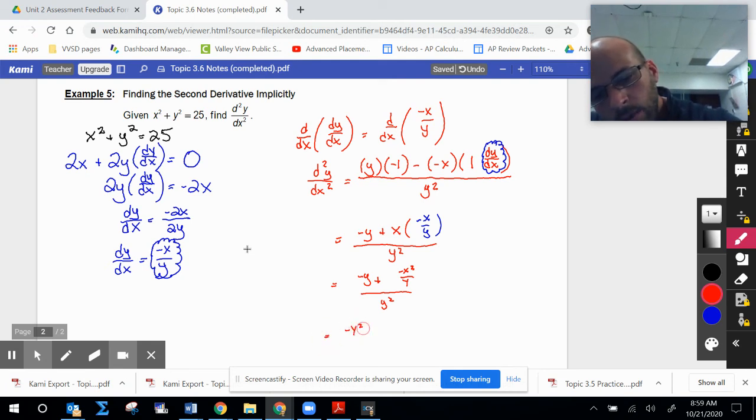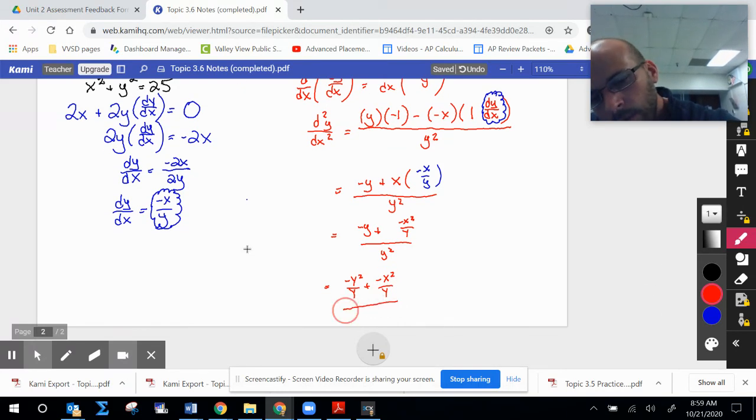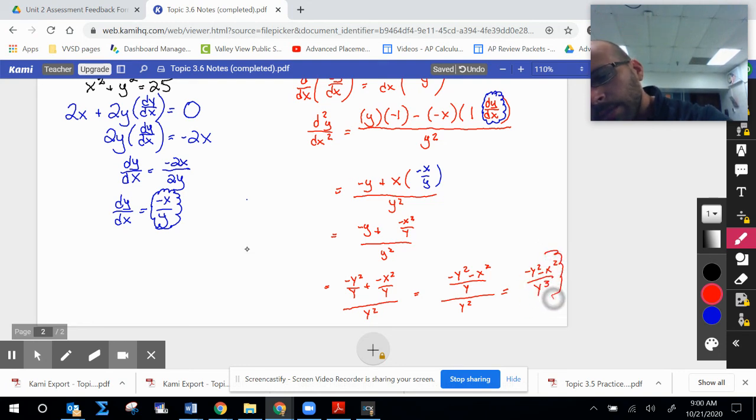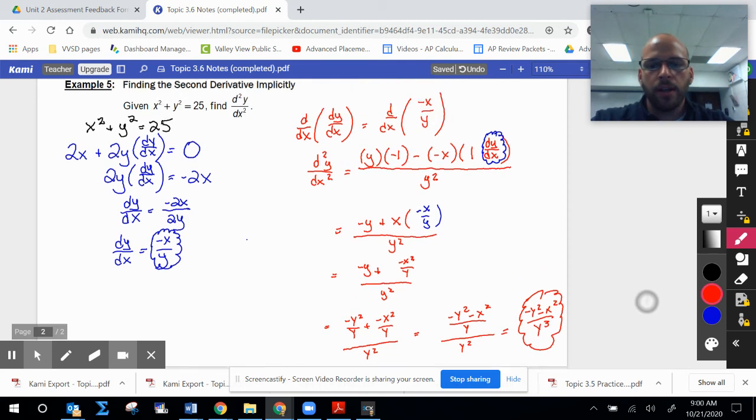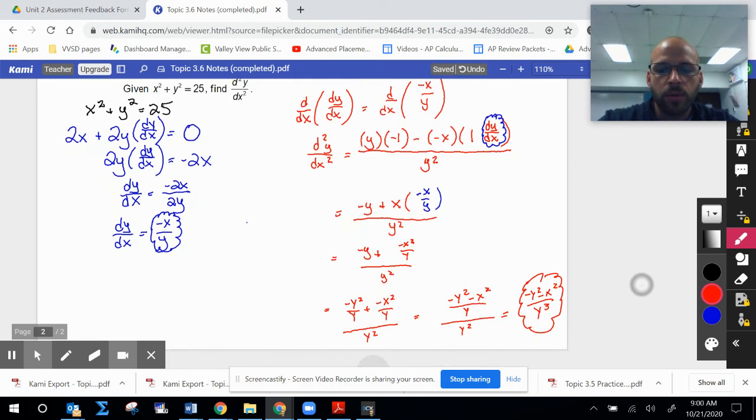So a negative y squared over y plus a negative x squared over y, and that's all over y squared, which would give me a negative y squared minus x squared over y, all over a y squared. And my final answer here would be something like this. Okay, so that would be my second derivative implicit.